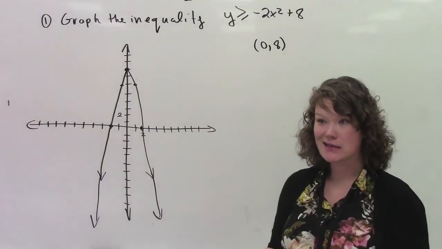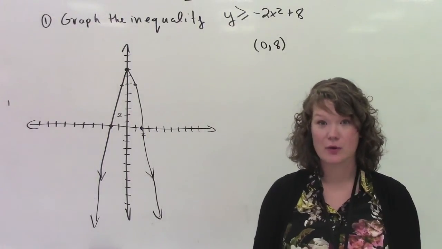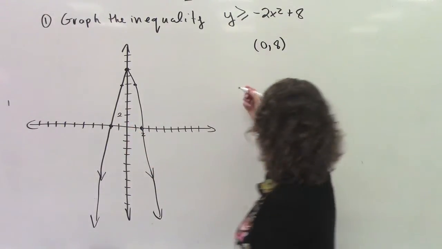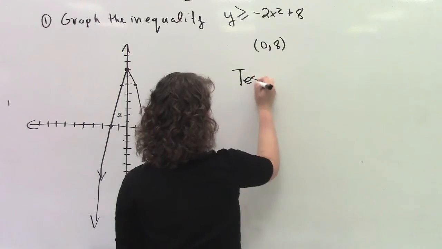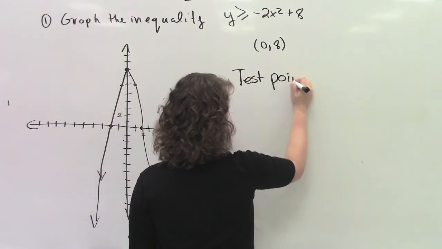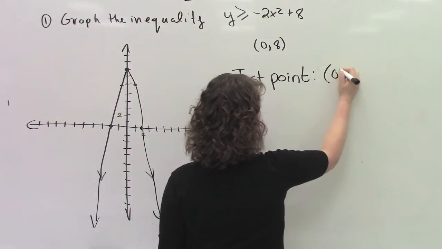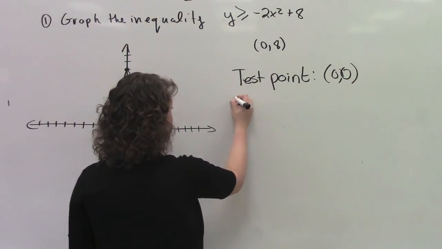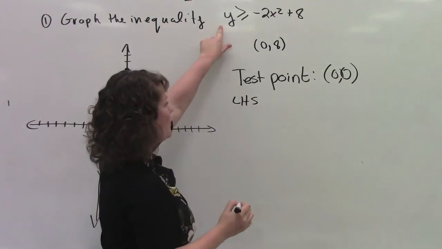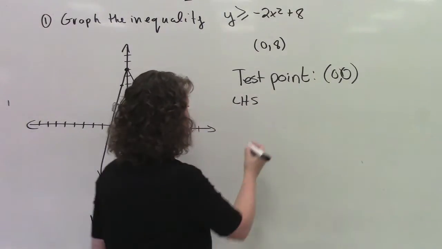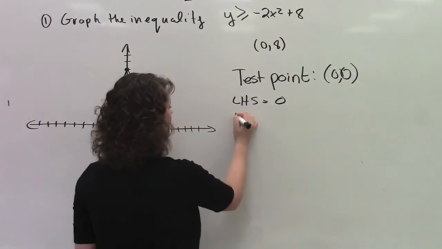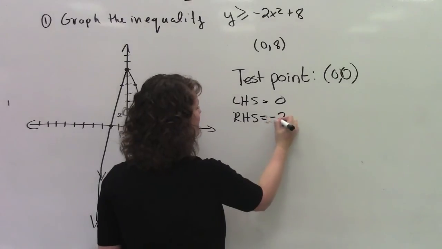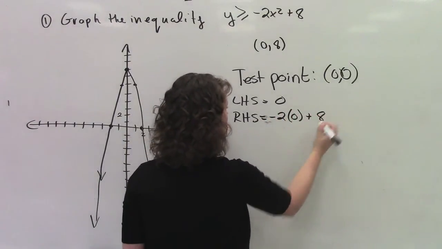We're going to do the exact same thing as we did yesterday. We're going to pick a test point, 0, 0, and see if this holds true. So I'm going to say left-hand side, that's my y. Y is 0. Right-hand side equals negative 2 times 0 plus 8.